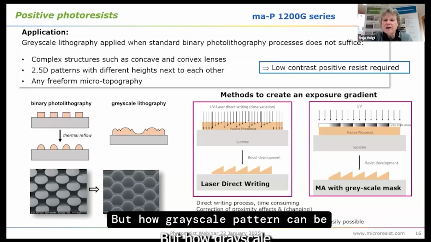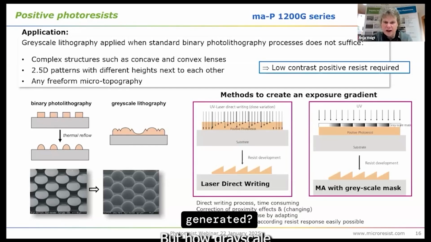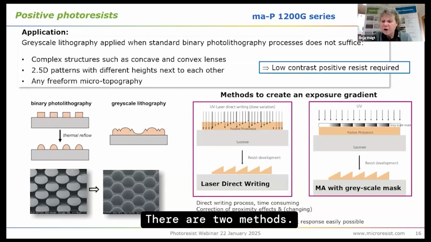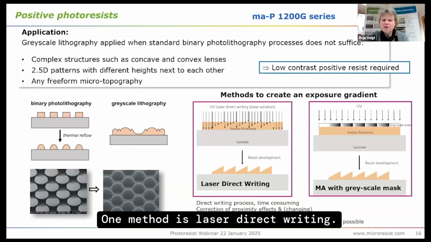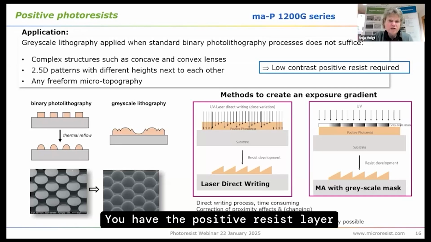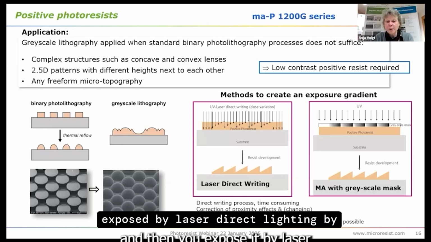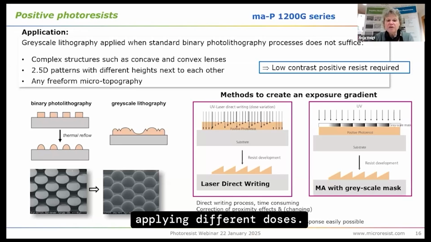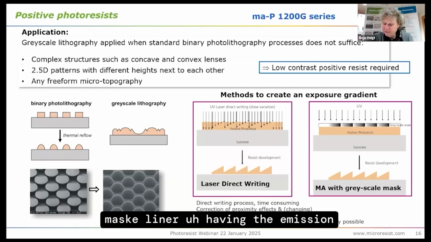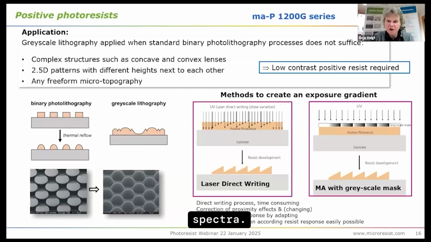But how can grayscale patterns be generated? There are two methods. One method is laser direct writing. You have the positive resist layer, and then you expose it by laser direct writing by applying different doses. The same can be done also with a mask aligner, having the emission spectra.